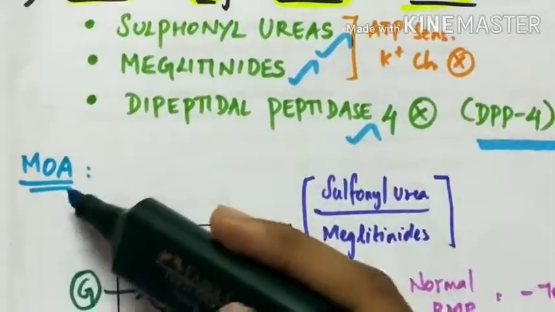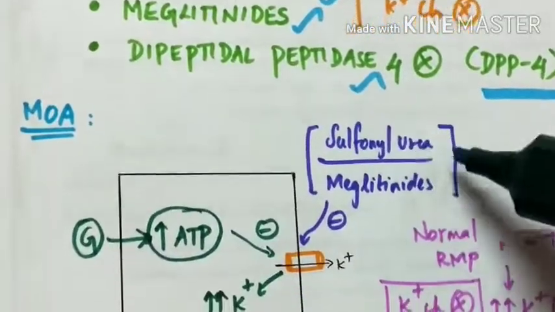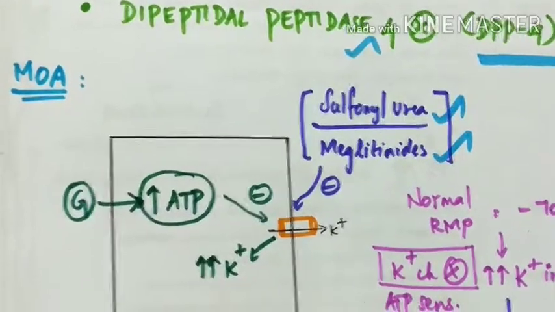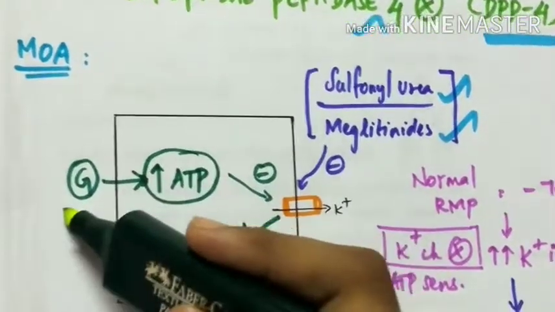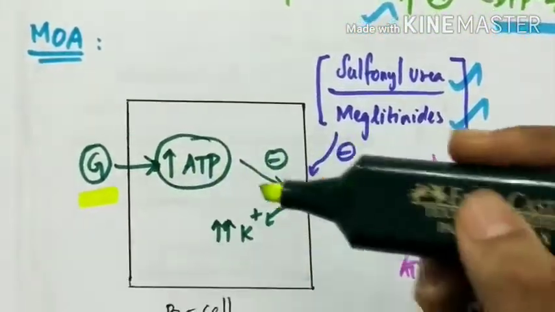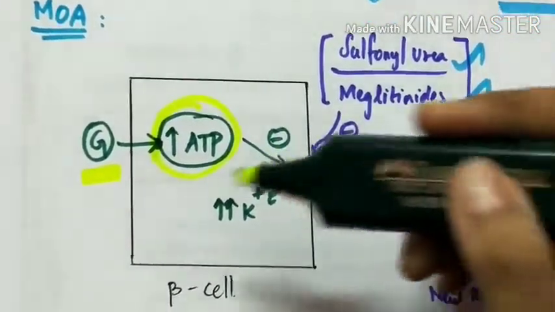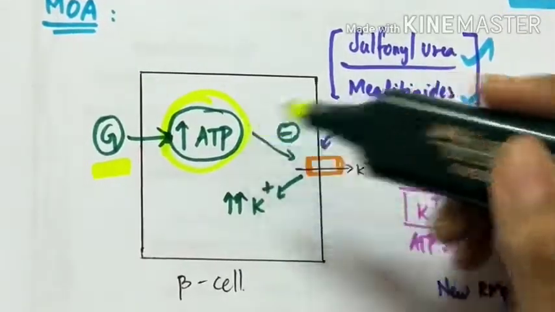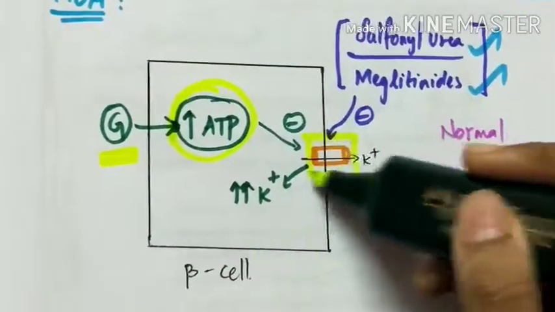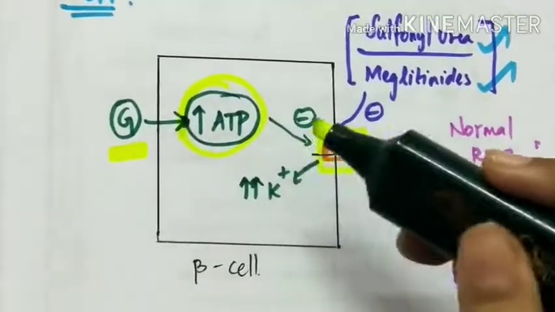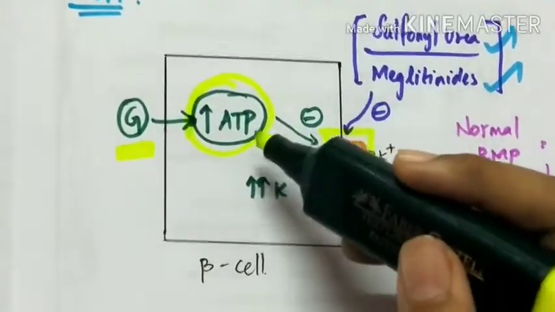Let's see the mechanism of action of sulfonyl urea and meglitinides. Normally, when glucose enters the cell, it generates ATP, and increased levels of ATP inhibit the potassium channel. As these potassium channels are ATP sensitive, they are sensitive to ATP.